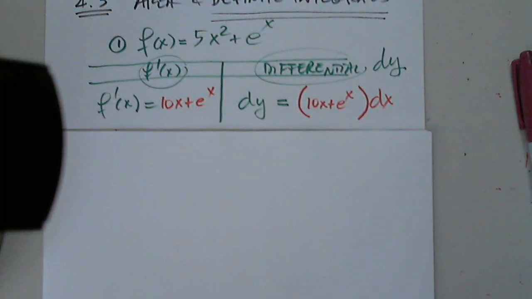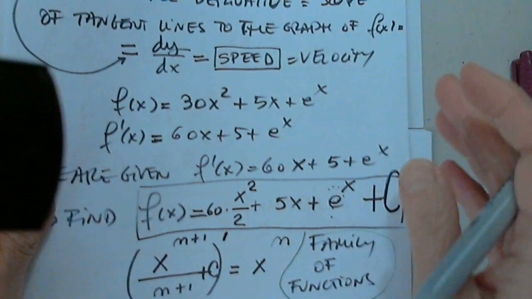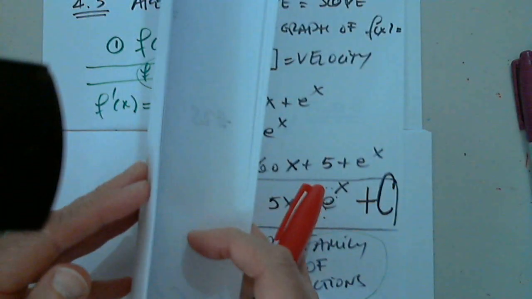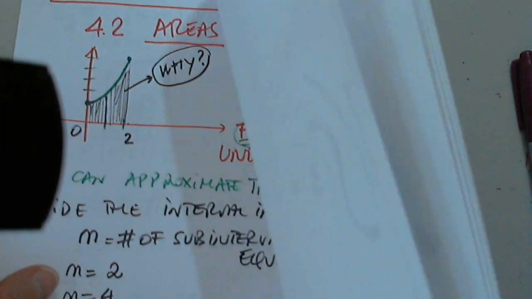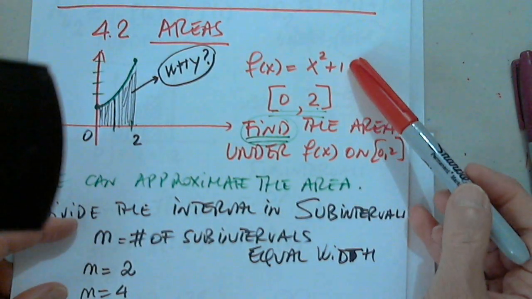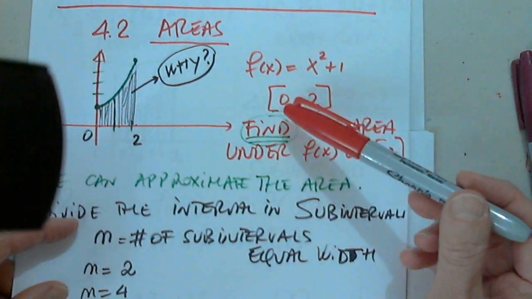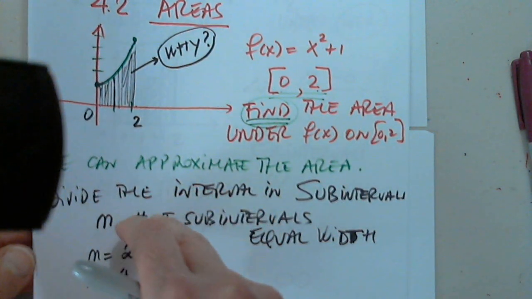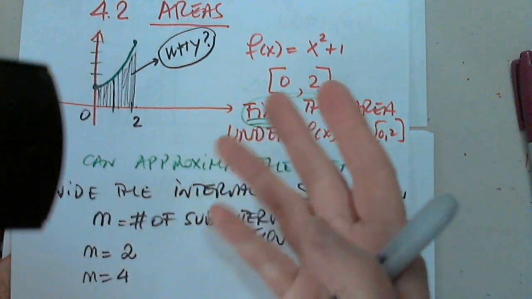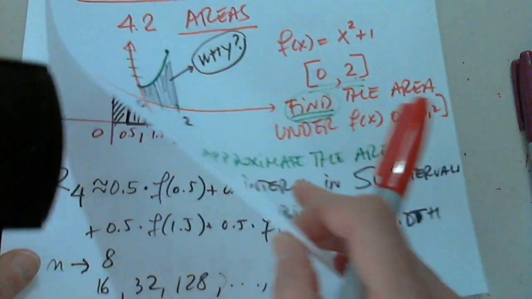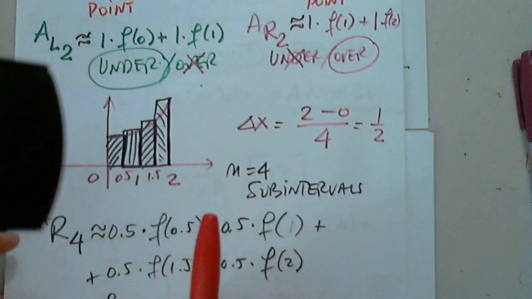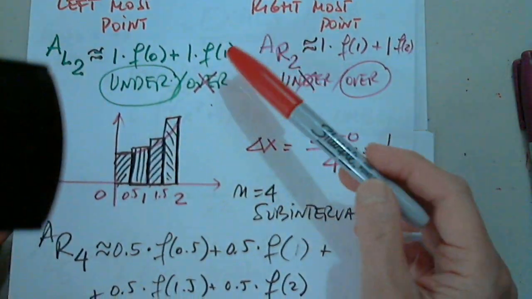Last time, we had an example that we started with. I came up with a very simple function, x squared plus 1 on the interval 0, 2. This was from the previous section 4.2, but the last class. And we determined the area.